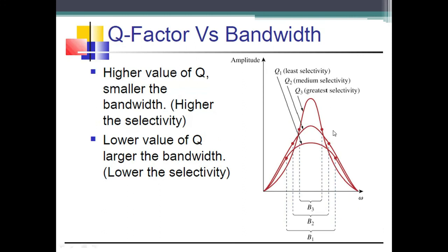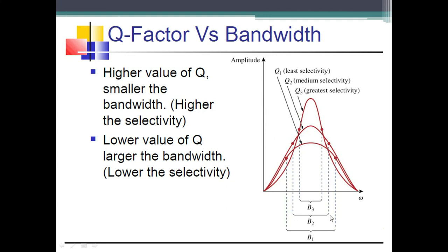Then quality factor versus bandwidth. Here we see the greatest selectivity, medium selectivity, and the least selectivity. At the least selectivity, the bandwidth is high, this is B1.